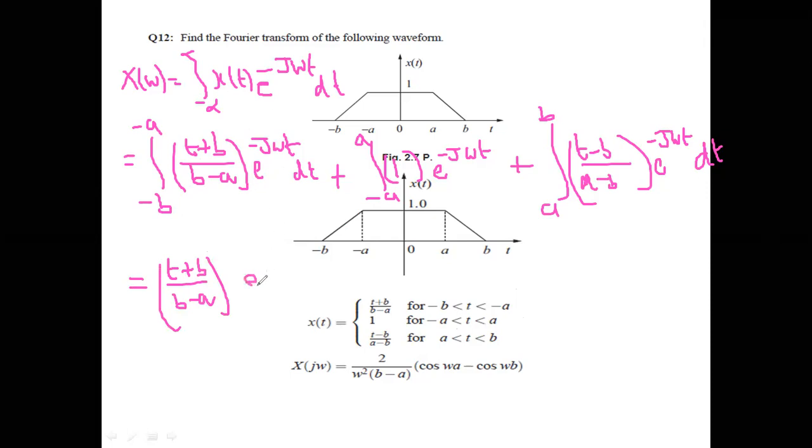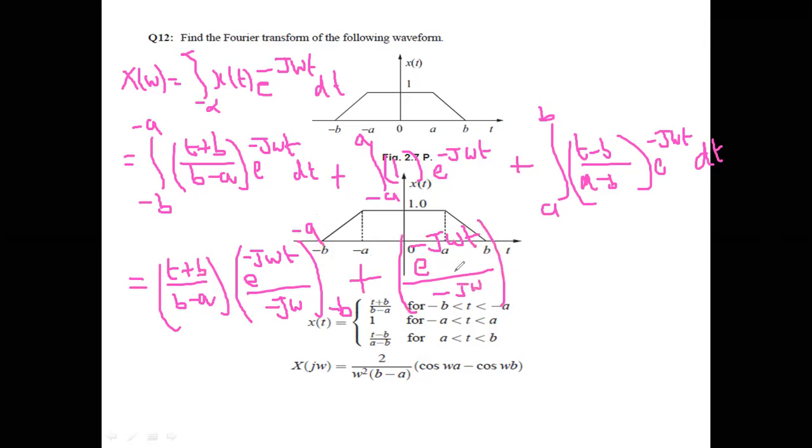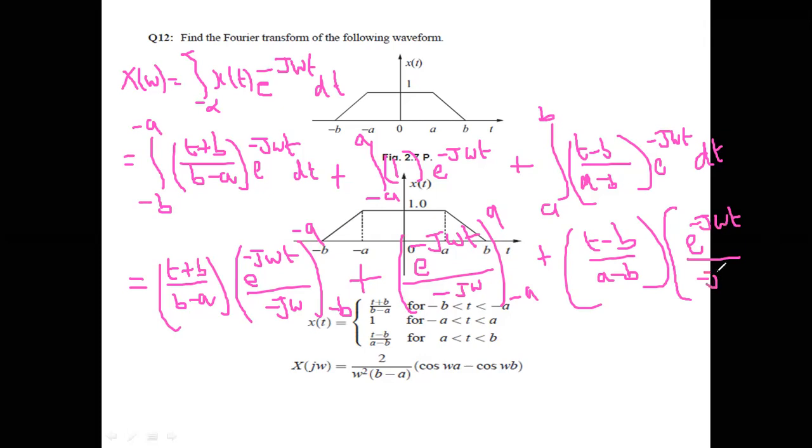For this integral, e power minus j omega t whole divided by minus j omega with limits minus b to minus a, plus, and here also e power minus j omega t by minus j omega with limits minus a to a, plus, and here the t minus b by a minus b and e power minus j omega t by minus j omega with limits a to b.